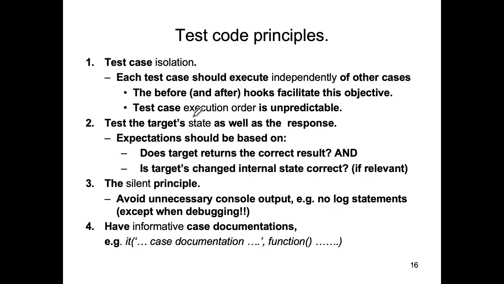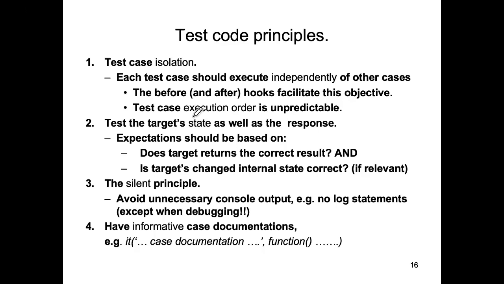Now, what do I mean by the internal state of the target object? If we think about the catalog, the internal state of the catalog is the array of products. So if I'm testing a method that is going to make some change to that array of products, then in my test code, I need to check to make sure it did actually change the state.